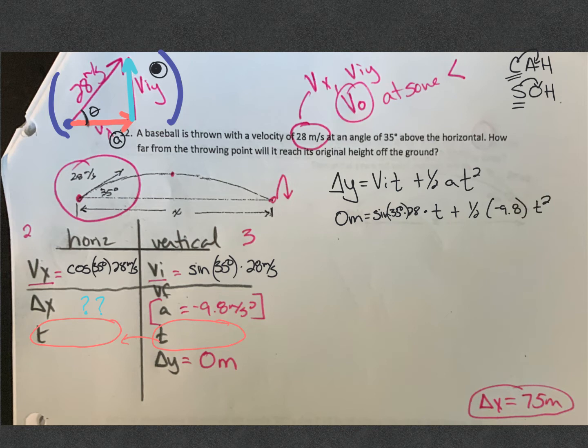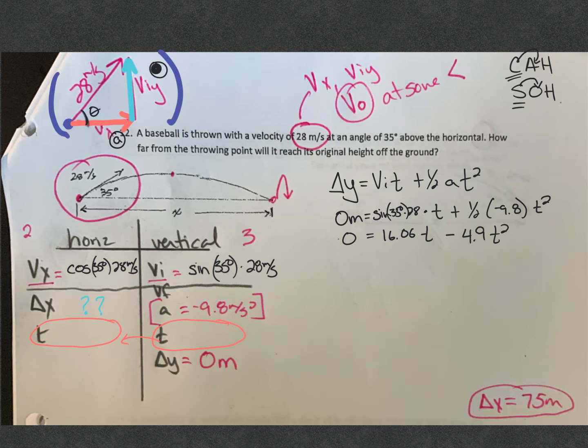From there, I'm going to suggest you do some simplifying on your calculator. Sine of 35, close parentheses, times 28, and you get 16.06 t. And then we have minus 4.9 t squared.